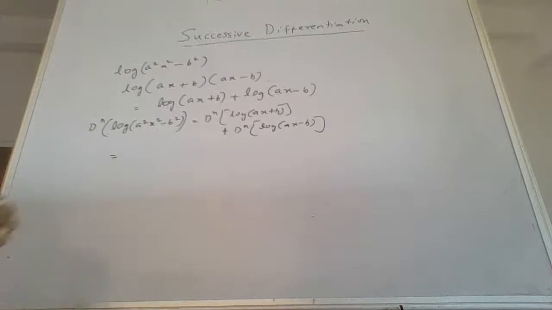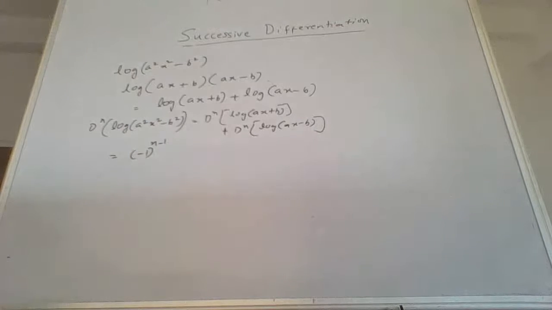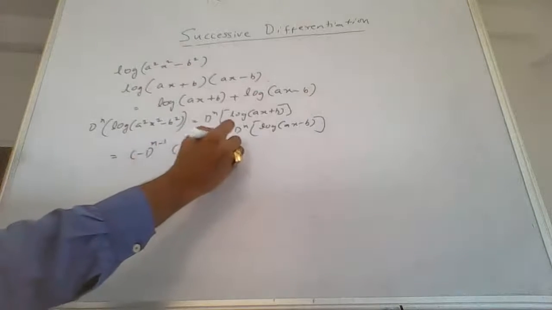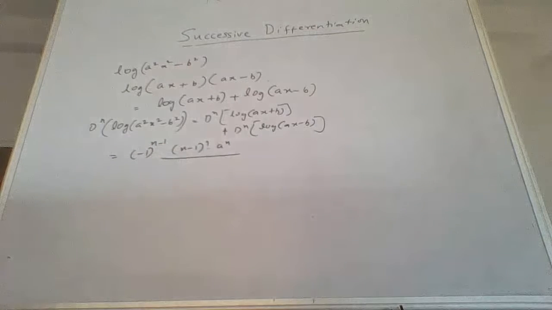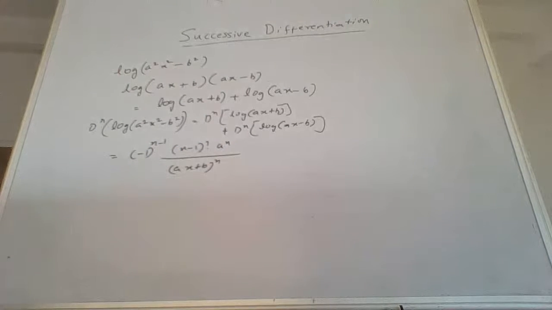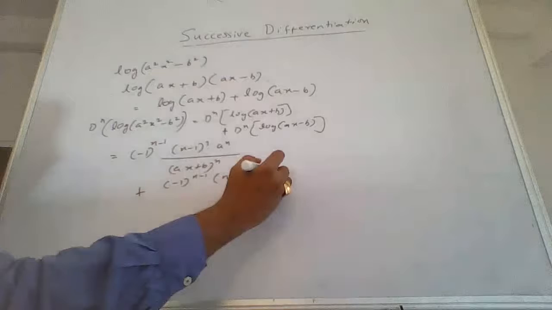That would be minus 1 to the power of n minus 1, into n minus 1 factorial, a to the power of n divided by ax plus b to the power of n, plus minus 1 to the power of n minus 1 into n minus 1 factorial into a to the power of n.